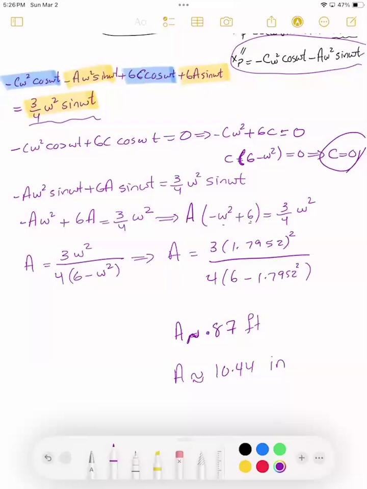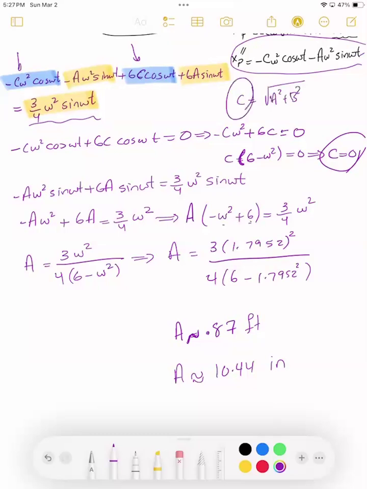There's also a formula that I have derived that you could have used to find the answer, but then you just had to accept that x particular is only sine of omega t. But I went through the whole thing to show you that this c becomes 0, and if c is equal to 0, I don't have to find the amplitude, which is the square root of a squared plus b squared.